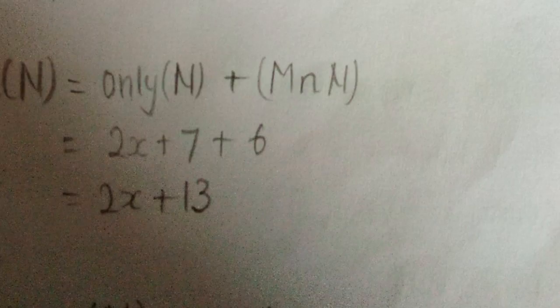For n(N), only N, which is region 3, plus region 2, the intersection: only N is 2x plus 7, and the intersection is 6. So we add 2x plus 7 plus 6, and n(N) is equal to 2x plus 13.